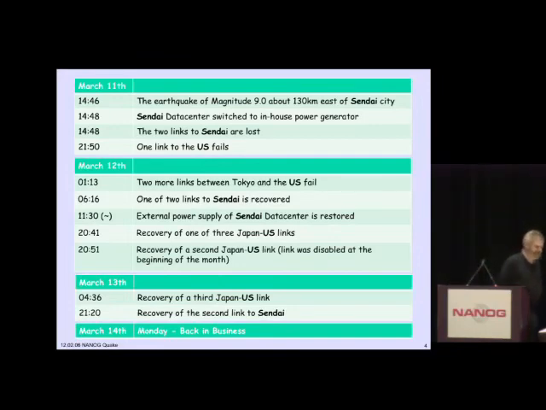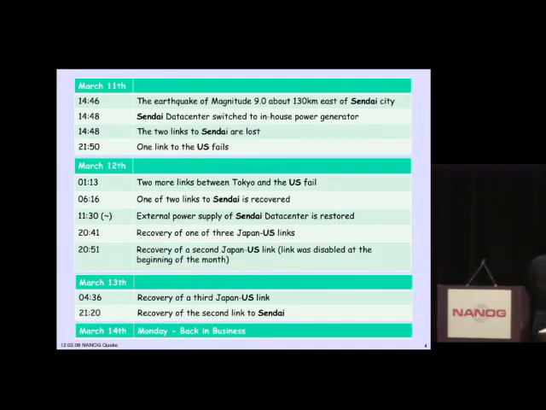The two links to Sendai from the Tokyo area were lost. Starting about 5 hours later, links overseas, the Transpac links, were lost. The 5-hour delay is because what you're really seeing is underwater landslides taking out those links, with considerable delay.